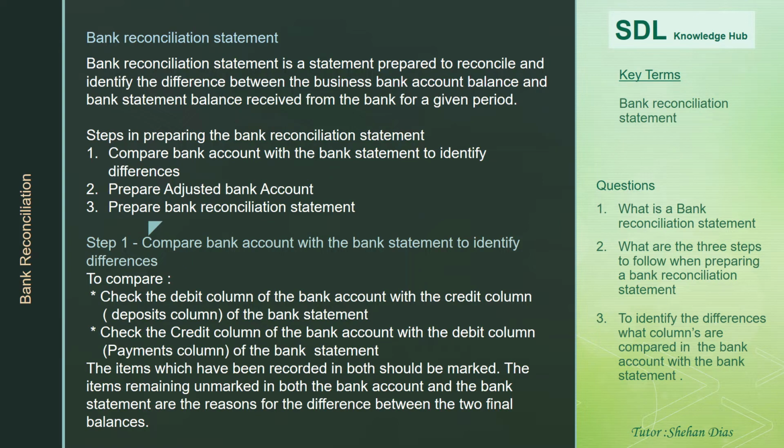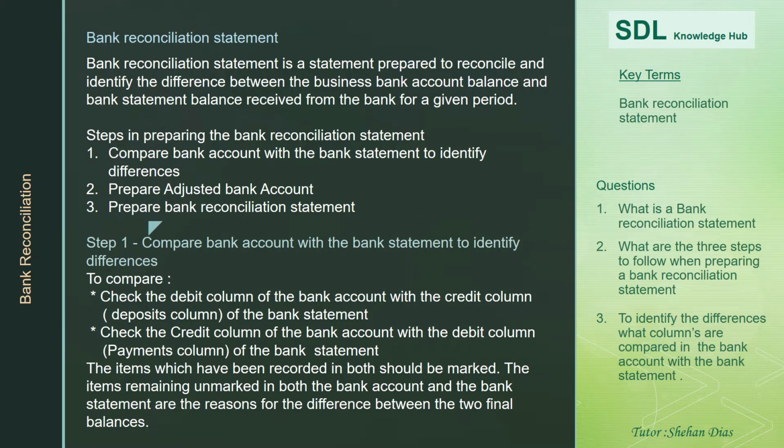Step number 1, compare bank account with the bank statement to identify the differences. So to do that, you have to check the debit column of the bank account with the credit column of the bank statement, and also check the credit column of the bank account with the debit column of the bank statement.